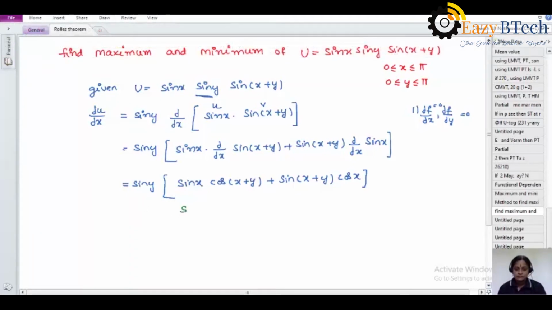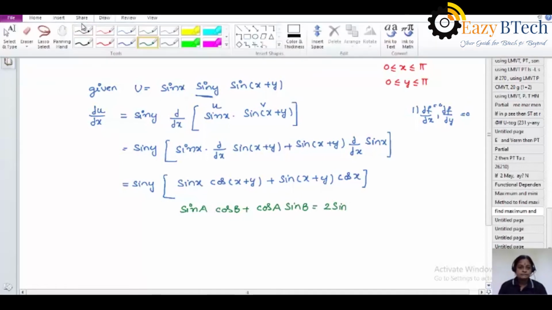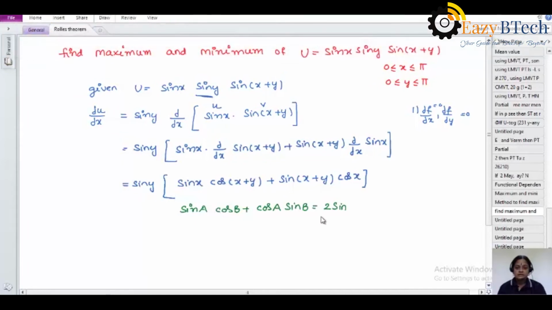So that formula is sin a cos b plus cos a sin b, students. So sin a cos b plus cos a sin b is nothing but sin of a plus b.